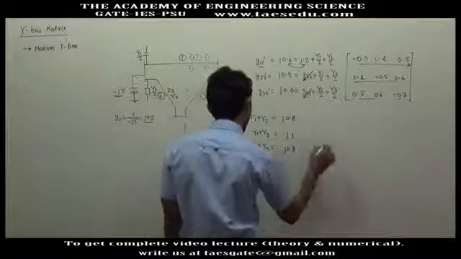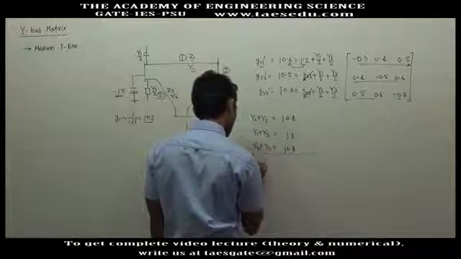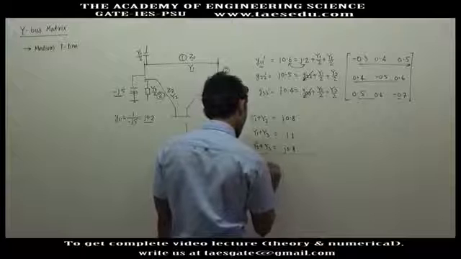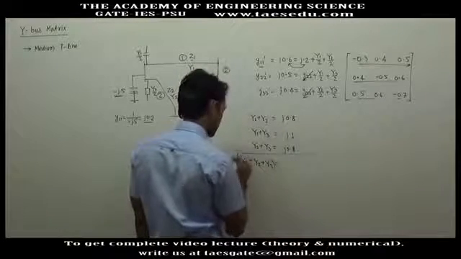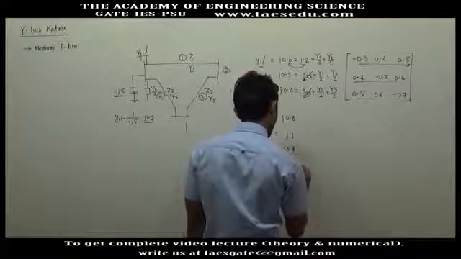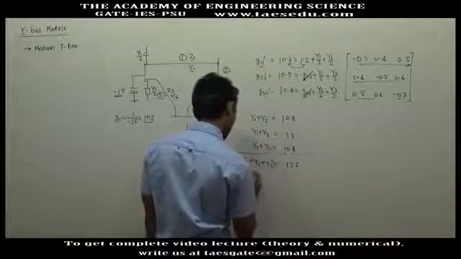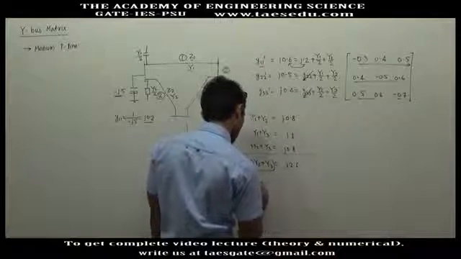If you add all these three, you get 2 into y1 plus y2 plus y3 as j2.6. So y1 plus y2 plus y3 will be j1.3.